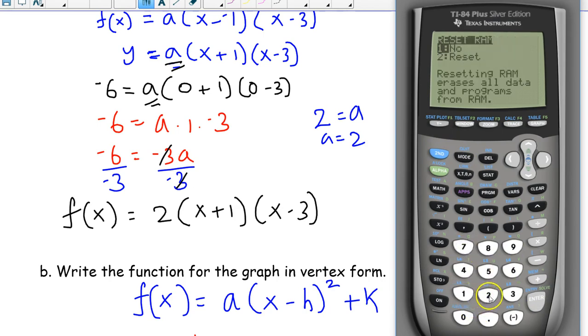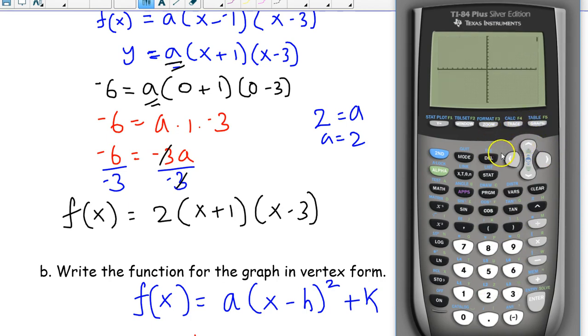I'll go to y. How much? 2 times (x plus 1), close, then (x minus 3), close.